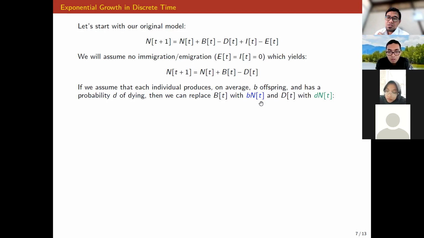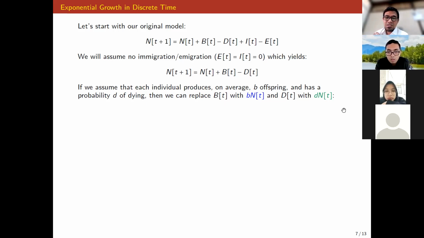So if N_t is bigger, of course that will produce more new individuals. The bigger the population at time t, the bigger the newborn will be produced. Does that make sense? For example, our country, Indonesia, or maybe India, of course we will produce babies in more number, because its population is bigger.